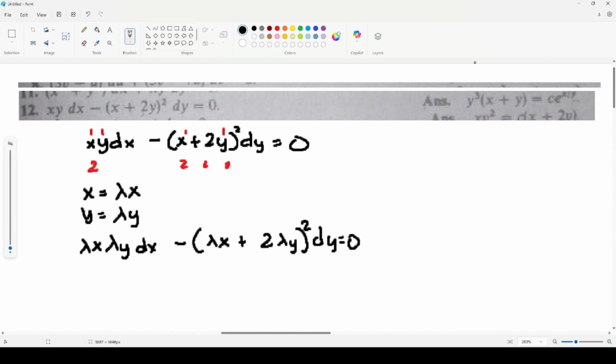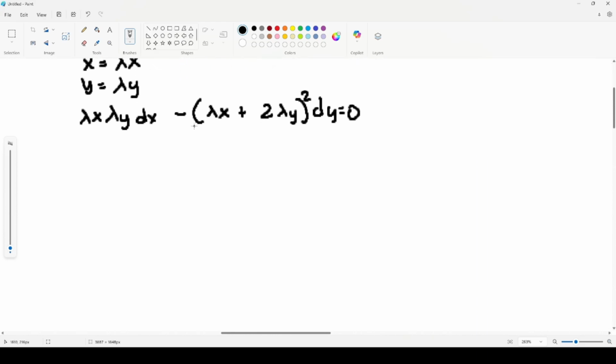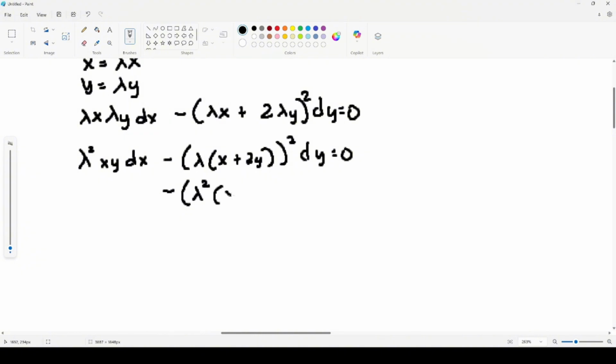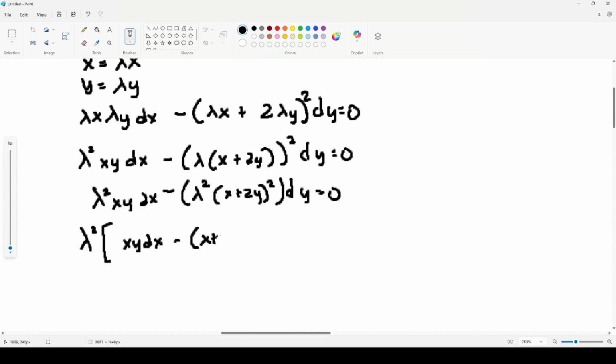It's better if we manipulate the equation to have lambda squared. By the distributive property of the exponent, that will become lambda squared (x plus 2y) squared dy. Lambda squared quantity xy dx minus (x plus 2y) squared dy equals 0.